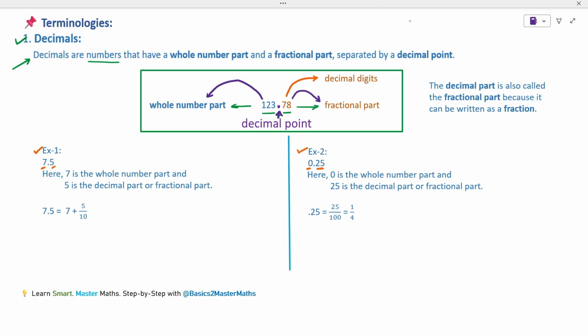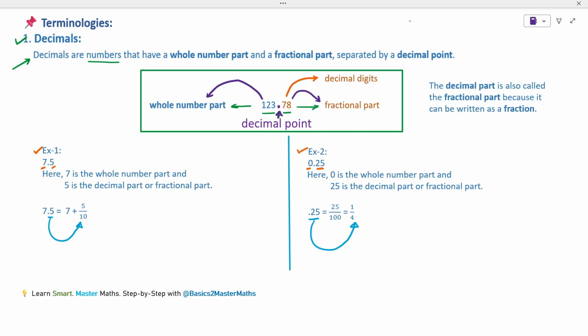Observe here, the decimal part can be written as a fraction. Here also, the decimal part can be written as a fraction.